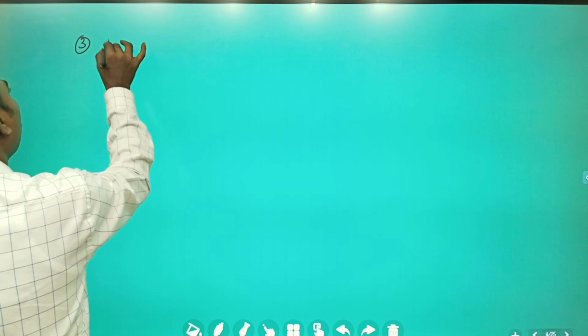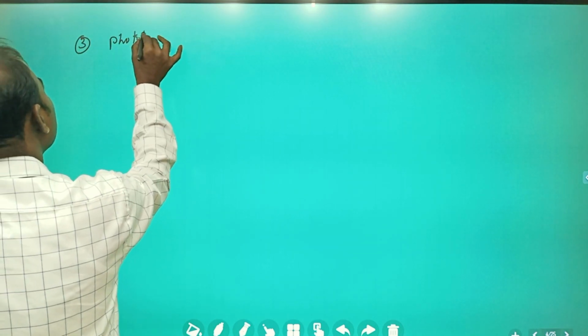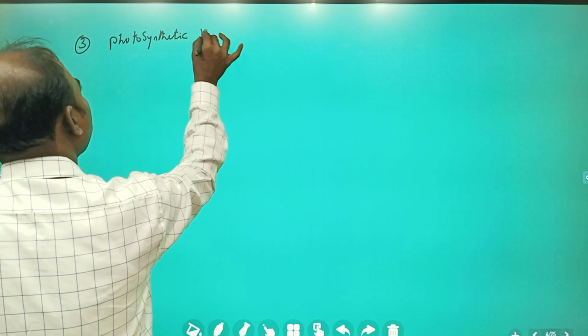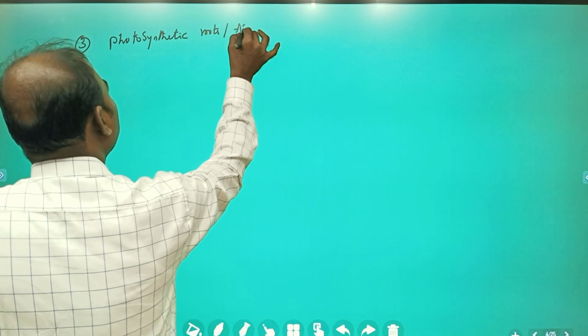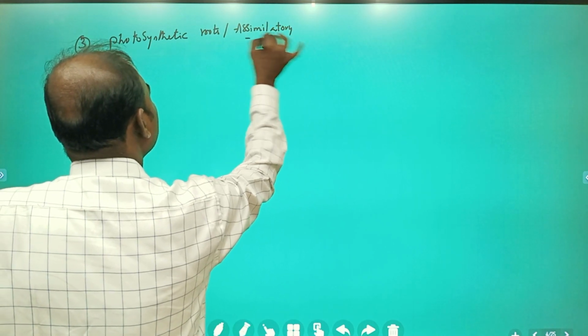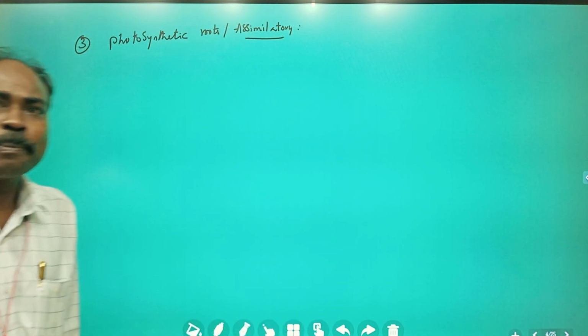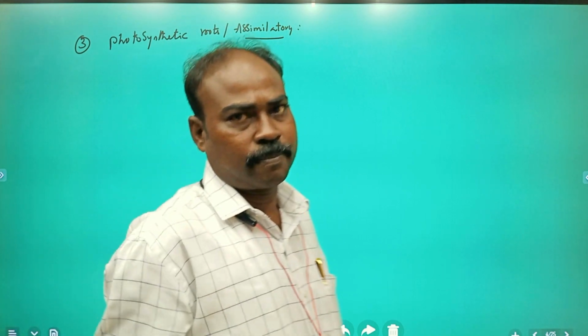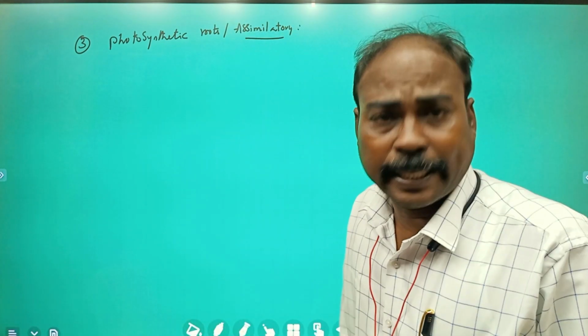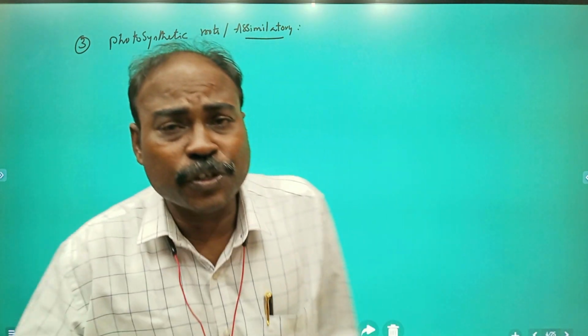Then the third one, photosynthetic roots or assimilatory roots. Assimilation means preparation or synthesis. You know about photosynthesis, I think. What is photosynthesis?